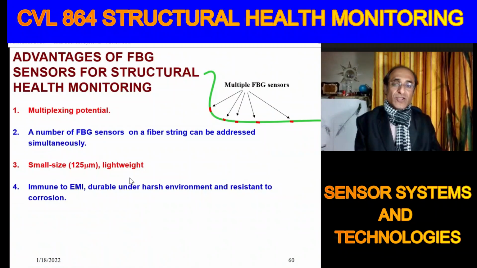Then they are immune to electromagnetic interference. This is another point. All other sensors which use electrical signals will show some fluctuation if there is any electromagnetic equipment operating nearby. For example, you are doing measurement with piezo sensors, and if there is a strong electromagnetic field imposed by some equipment nearby, then you will have some fluctuations.